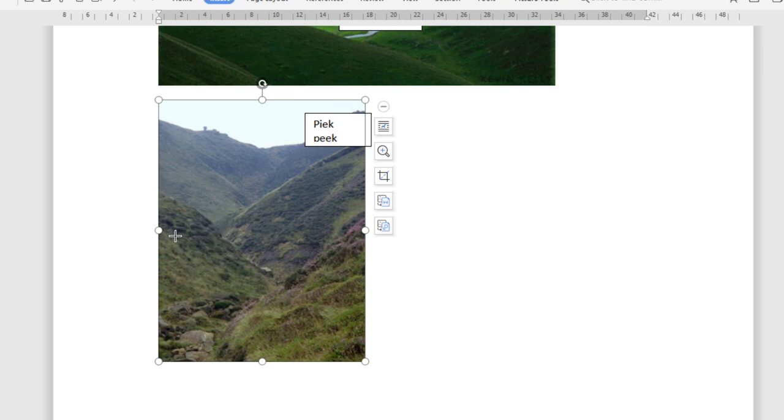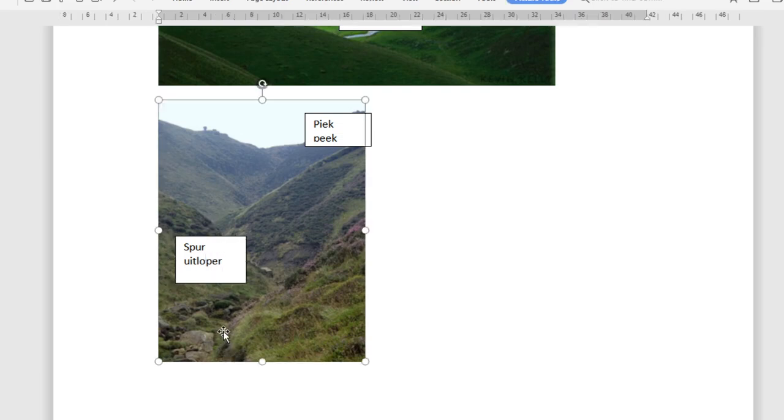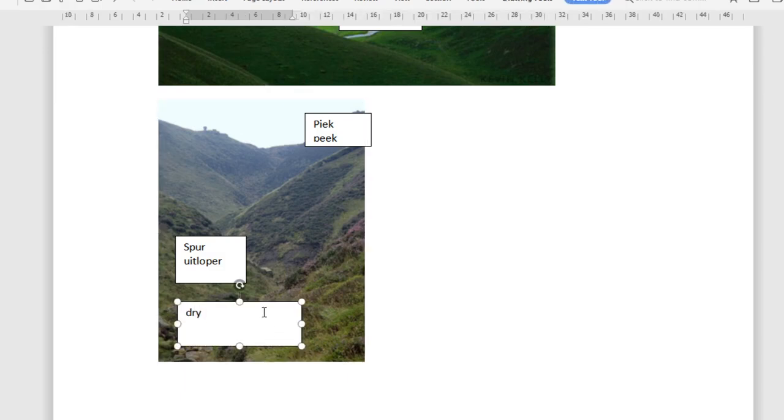So tussen die riviervalleie het ons die uitloper hierso. Okay, en dan is hierdie die vallei, but this one's dry. If there's no water in the river valley, it's just called a dry valley. So it is a dry valley because we can't see the river there. So it is a droë vallei.